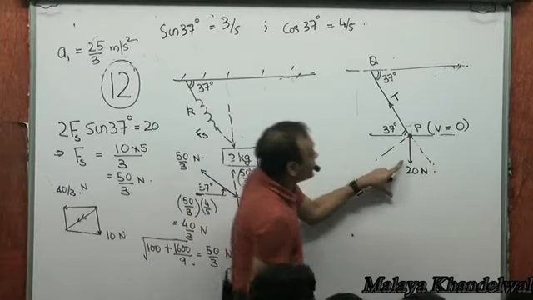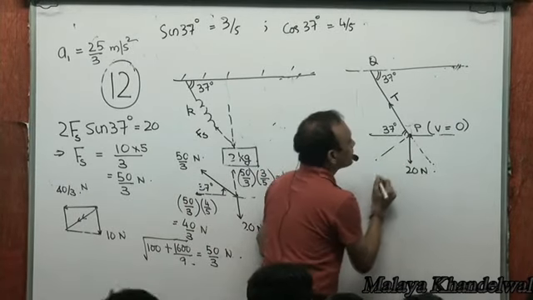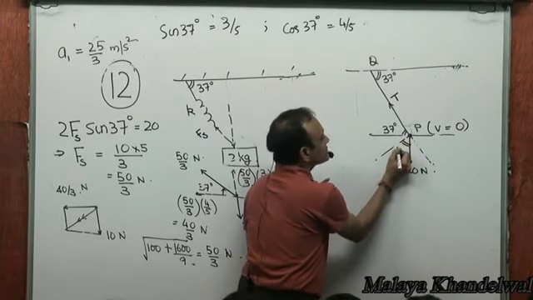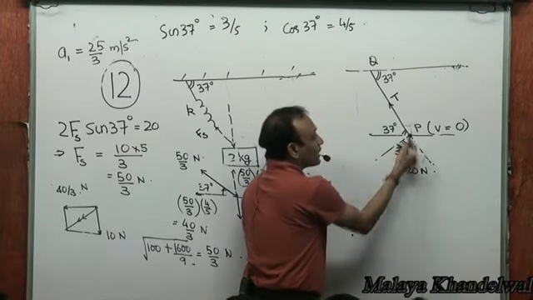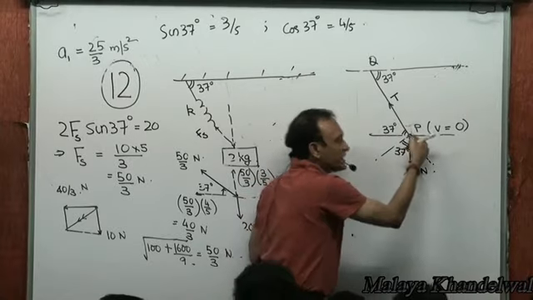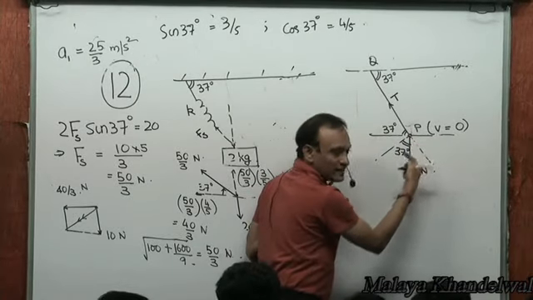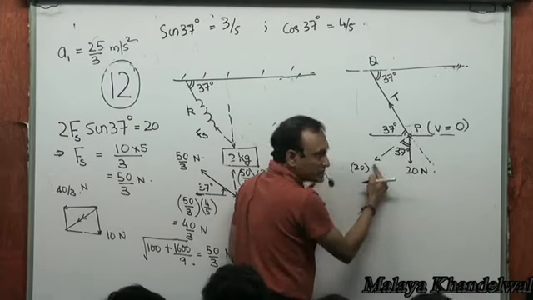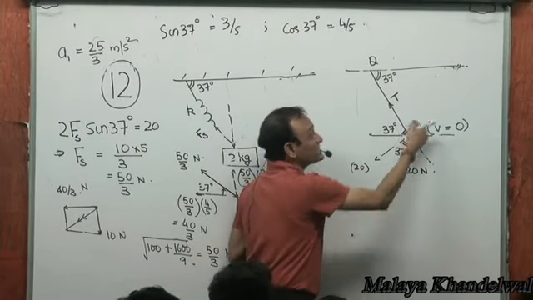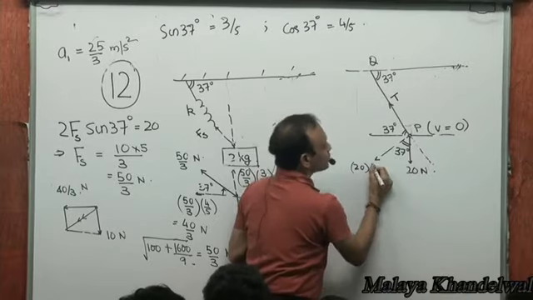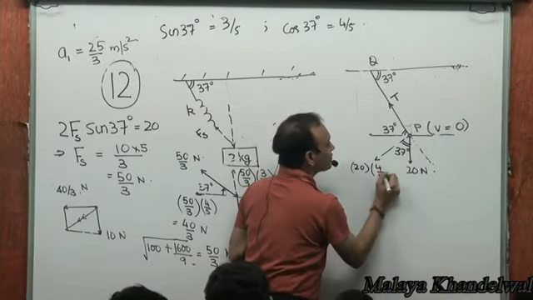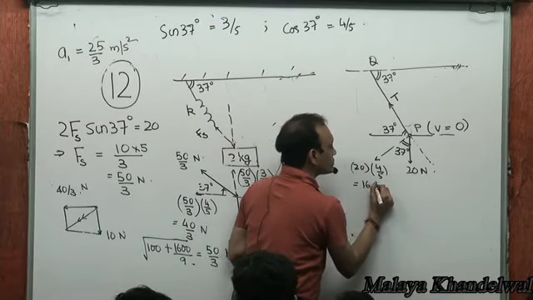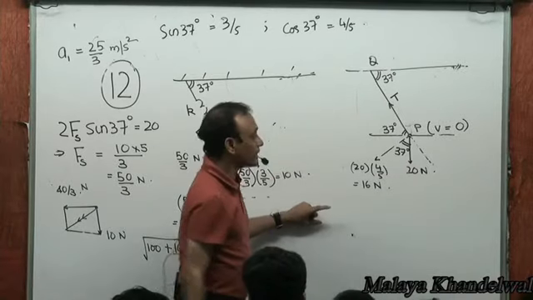What I do is I resolve this 20 newton, this is 37 degrees, into a component perpendicular to the radius and a component along the radius. So this is 20 cos 37 degrees perpendicular to the radius. That is the tangential direction. 20 into 4 by 5, which is 16 newtons.